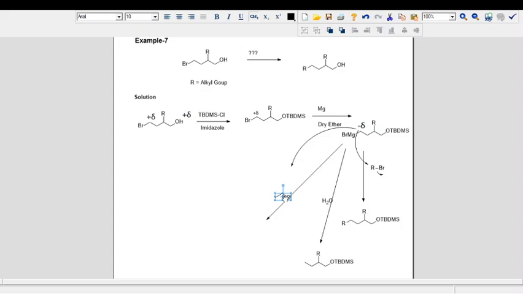This is the acetaldehyde. This carbon atom is electron deficient, and the carbon atom of the Grignard reagent is electron rich, acting as a nucleophile and attacking the carbonyl carbon atom. This pi bond is broken down.